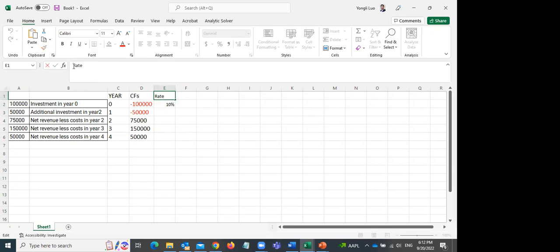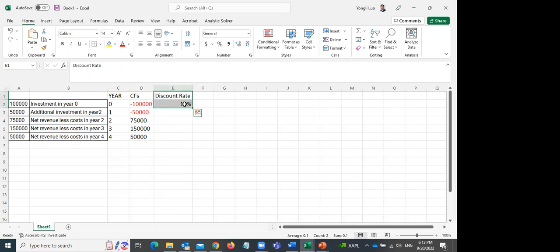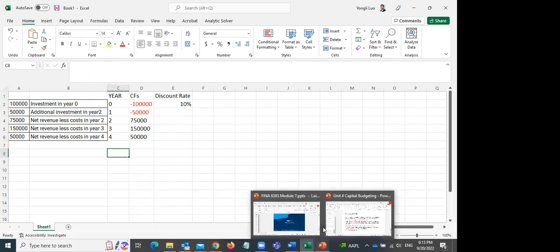Some other books use return or required rate of return. That's the same meaning, so you can use it either way: discount rate, required rate of return, or the capital budgeting. In capital budgeting, the most common one is called net present value.